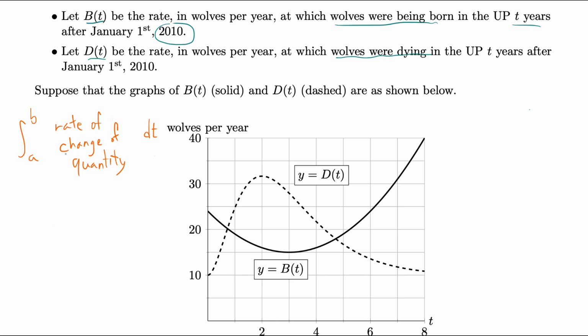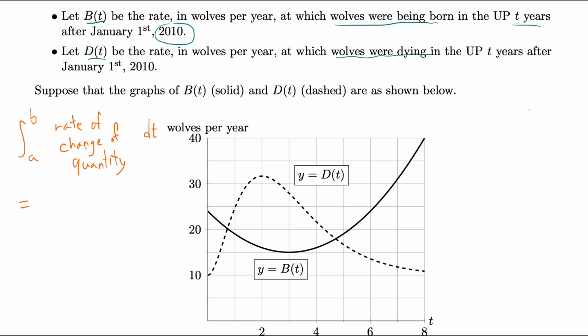But in general, when I integrate from a to b the rate of change of a quantity, I get the change in the antiderivative from a to b. That's the fundamental theorem of calculus. And how do you anti-differentiate a rate of change? Well, the rate of change is the derivative, so when I anti-differentiate it, the rate of change disappears and we just get the quantity itself, and we're looking at the change from a to b.